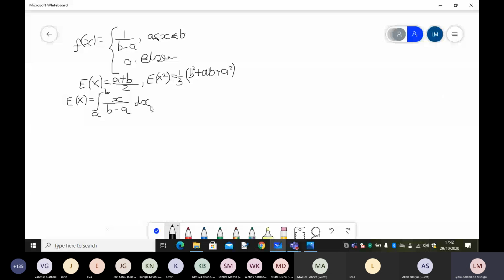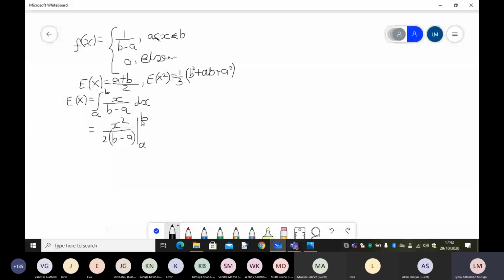So what is that equal to? If we integrate, this will just be X squared over 2 into b minus a, from a up to b.